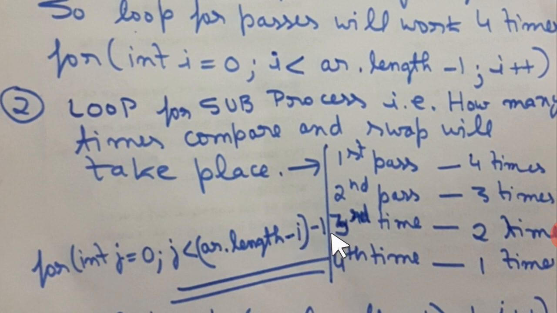Then it says minus 1, so 5 minus 1 is 4. j less than 4 means 3. So that simply means 0, then 1, then 2, and then 3. That means 4 times.